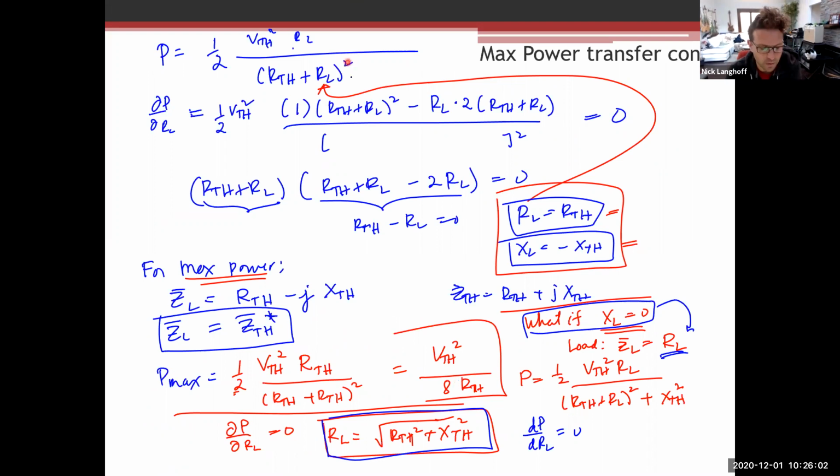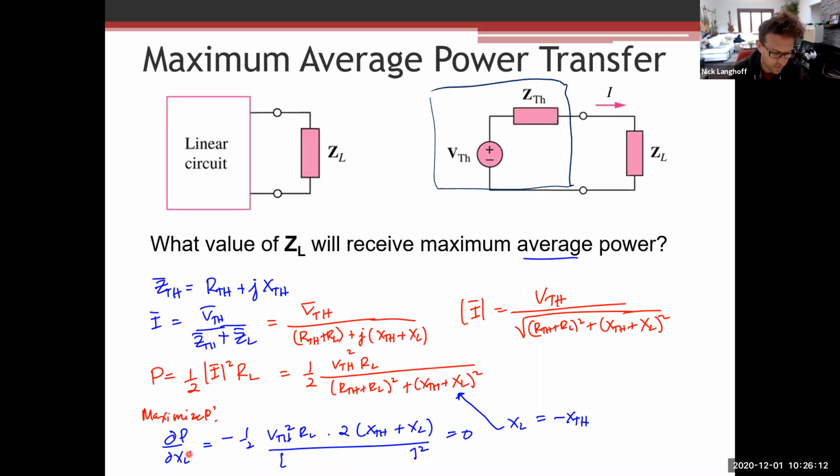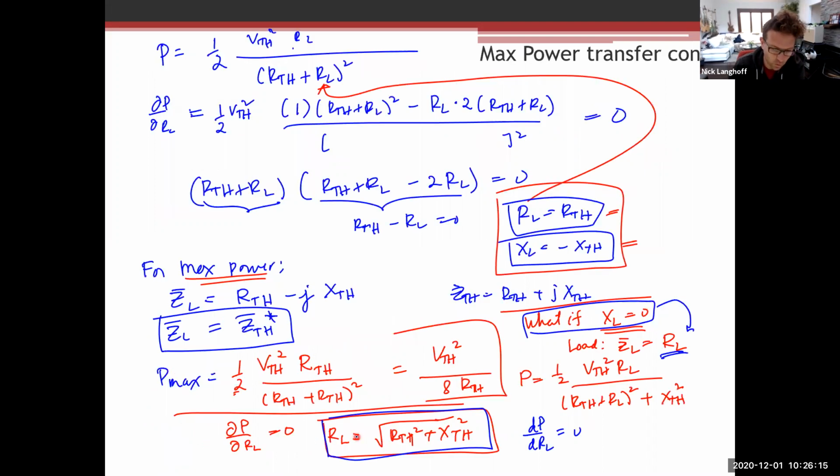But essentially, you arrive at the fact that you differentiate P with respect to the reactance, which we saw down here on this slide. Okay, and then you also differentiate P with respect to the resistance, RL. You end up with two equations.